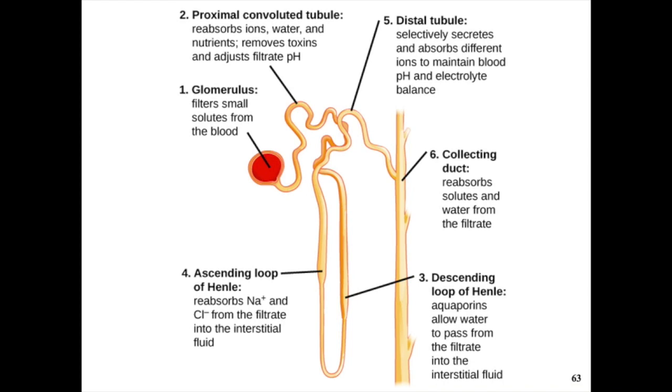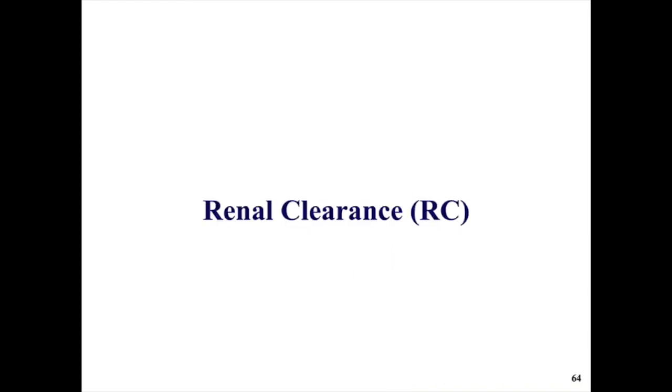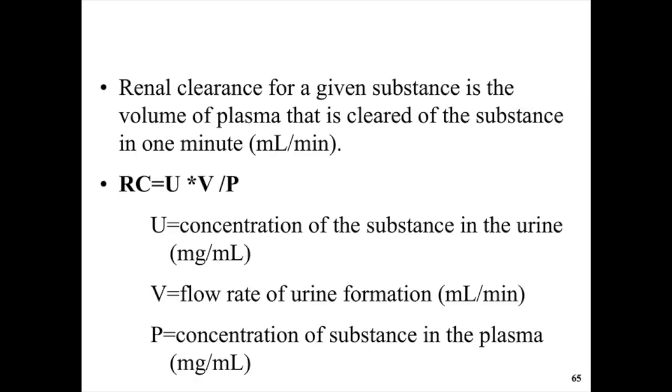We will have the second portion of lecture in which we'll talk specifically about certain components that need to be adjusted. But I wanted to finish this portion by explaining a couple more concepts. The first is the renal clearance. Renal clearance has to do with how much of a certain substance in the blood we can clear out, send out in the urine.